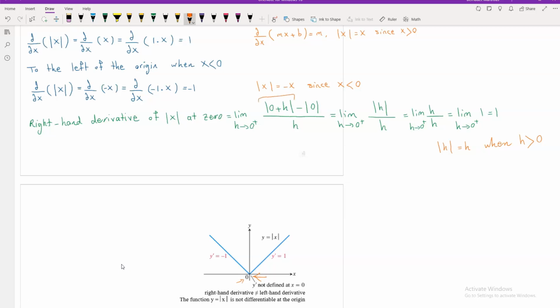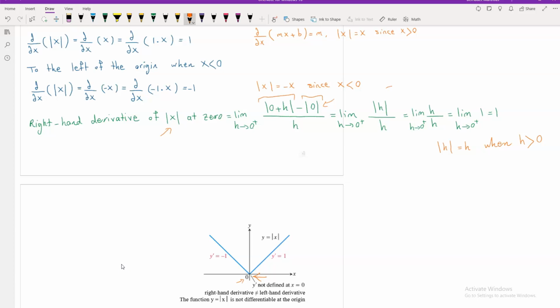So this part is f of x plus h, minus here is f of x, and our x is 0. So absolute value of x is 0. Here we have absolute value of 0 divided by h. Now we have to simplify. So this is absolute value of h divided by h, finding limit.